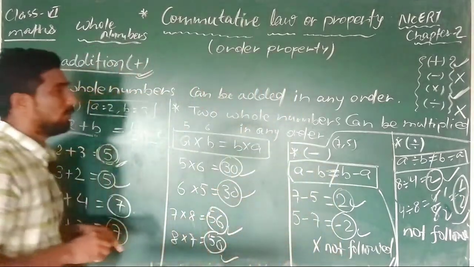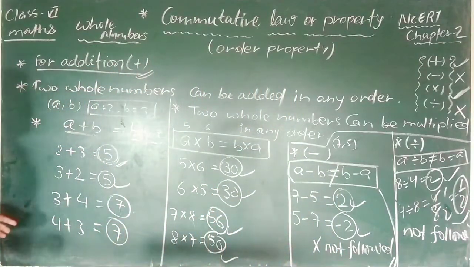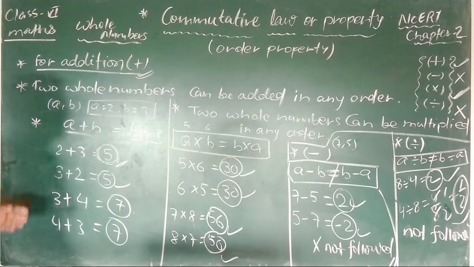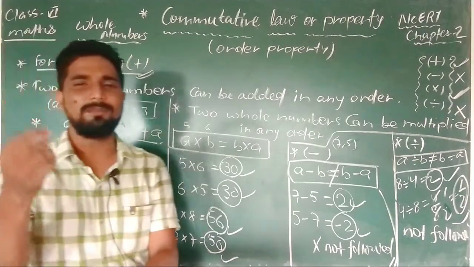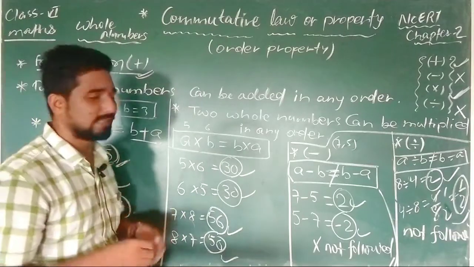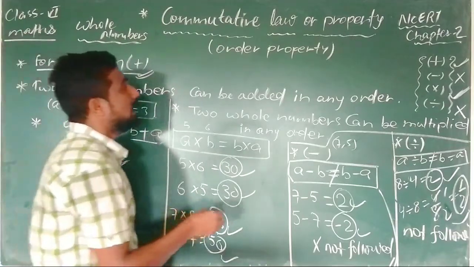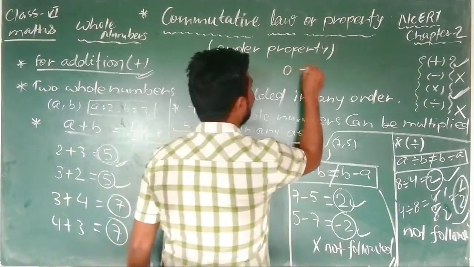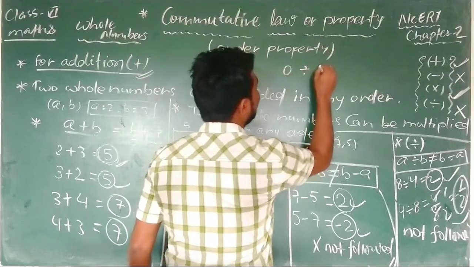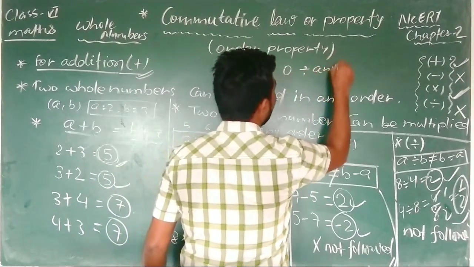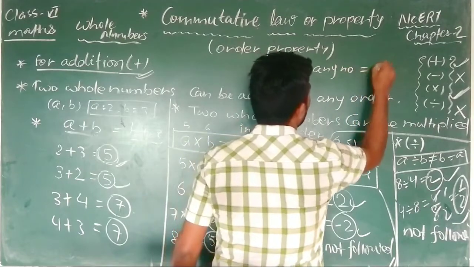One more thing I would like to discuss in this property only. This is not part of the property. Only 20 to 30 seconds. What I wanted to tell you: if you divide 0 by any number, the answer is 0.